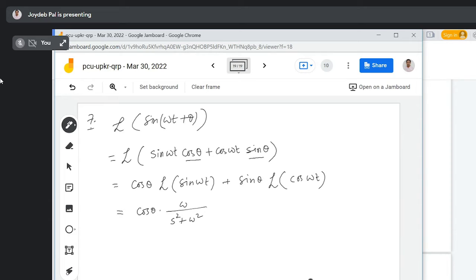That is for sine hyperbolic. And cos omega t is s by s square plus omega square. So you can take 1 by s square plus omega square common, then it will be omega cos theta plus s into sine theta.